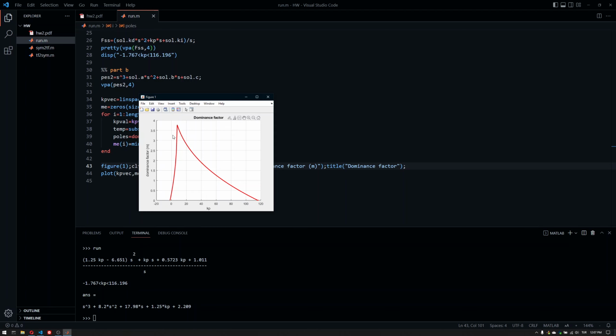Now, in terms of dominance factor maximization, which is our aim, because it would be nice to have the residue poles as far away as possible, because then it would practically convert it into a second order transfer function because they are all far away, and our settling time and overshoot formulas will be valid, so everything would be okay. It would work. Now, it would seem like this will be our point of interest.